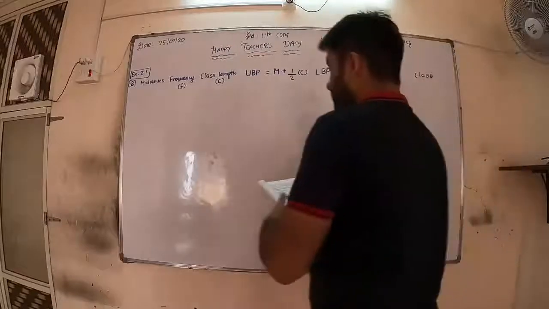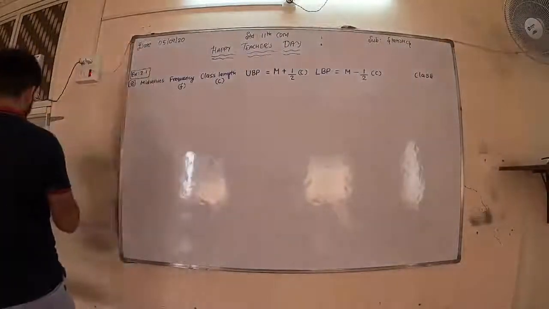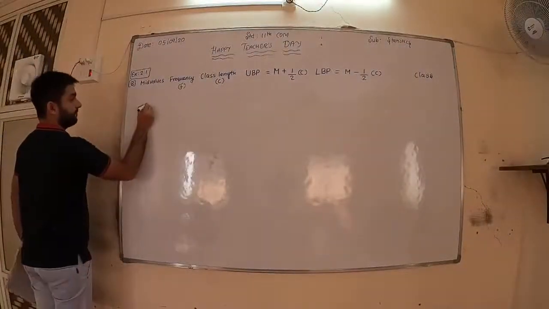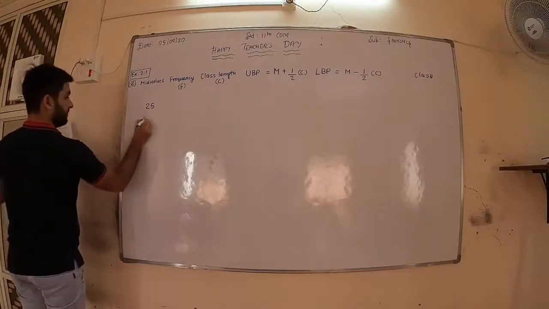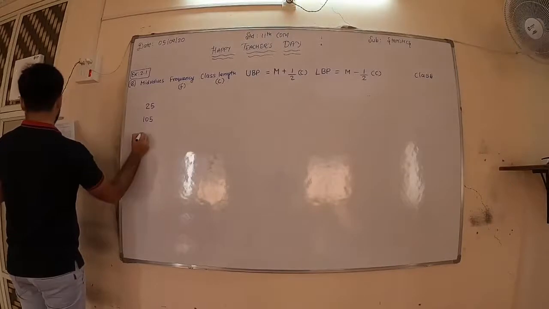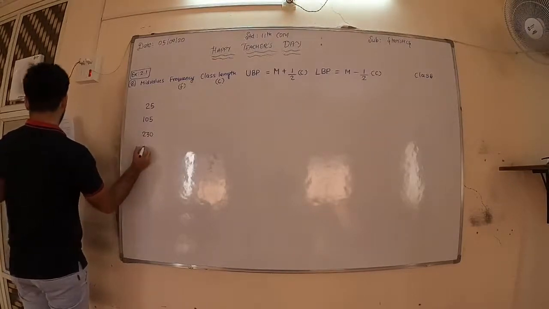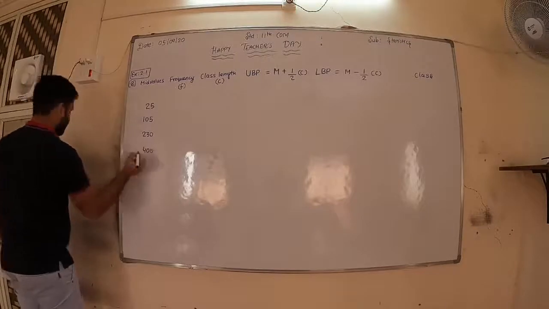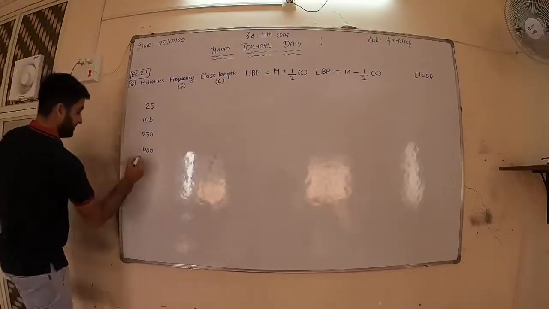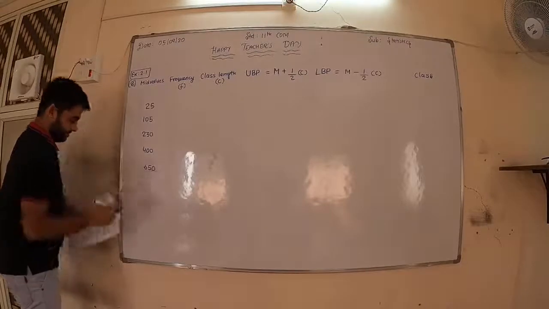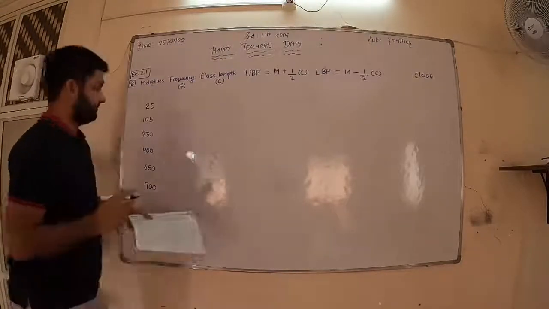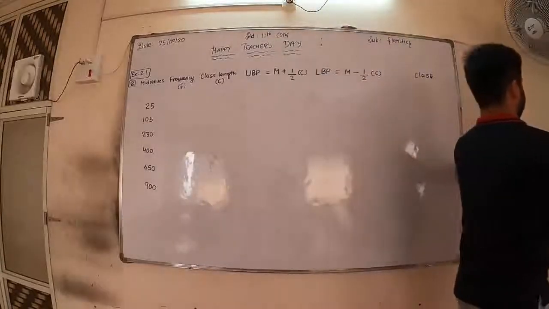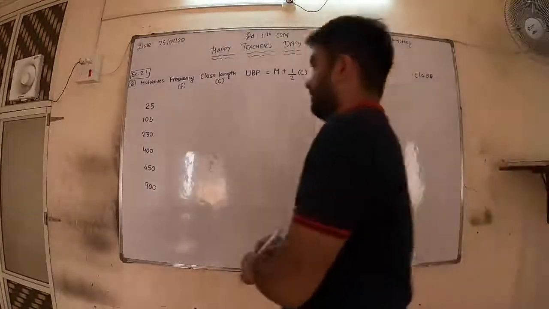Okay, now the data. Mid values: 25, 105, 230, 400, 650, 900. Draw the lines.